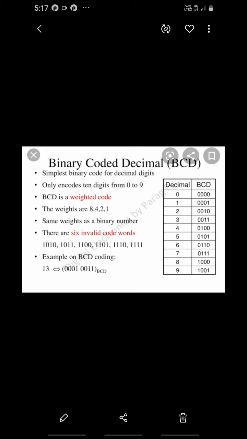Example on BCD coding: 13. 13 is the decimal number, so what is its BCD form? BCD is a group of 4 bits. First take 3, whose binary form is 0011, and 1 is 0001. So this is the BCD form.